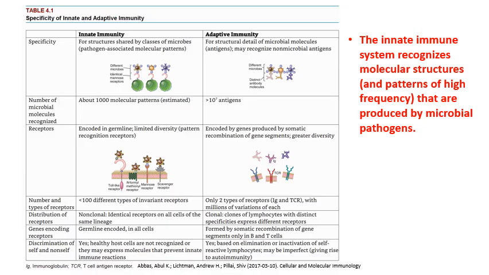Basically we know those receptors are produced from genes that are fixed in the DNA. And you have about hundreds of them, not a lot, but those, okay, so here about 100 different types of receptors, okay, and those can detect about 1,000 or so different patterns, okay, so the very limited detection system here.